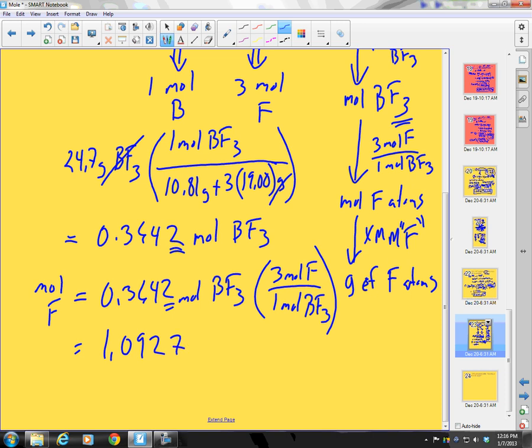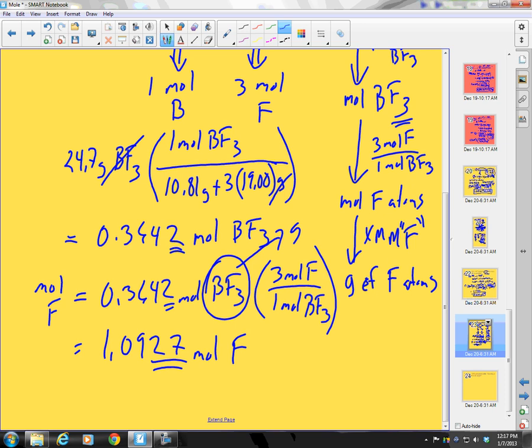Remember, I'm only carrying 3 sig figs here, so those guys are not sigs. Moles of F. Now, why am I not worried about this being diatomic? Well, because I'm not talking about this as a molecule or a standalone entity. I'm saying the question is, how many grams of F are in this compound? So I'm looking at F alone, not F2. You guys got that? Good.